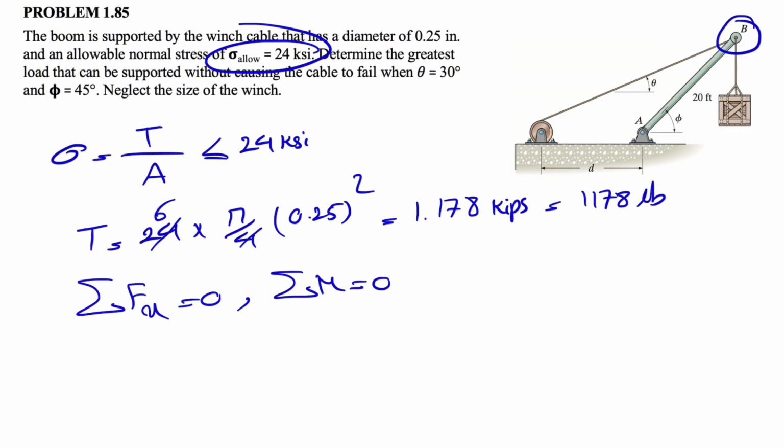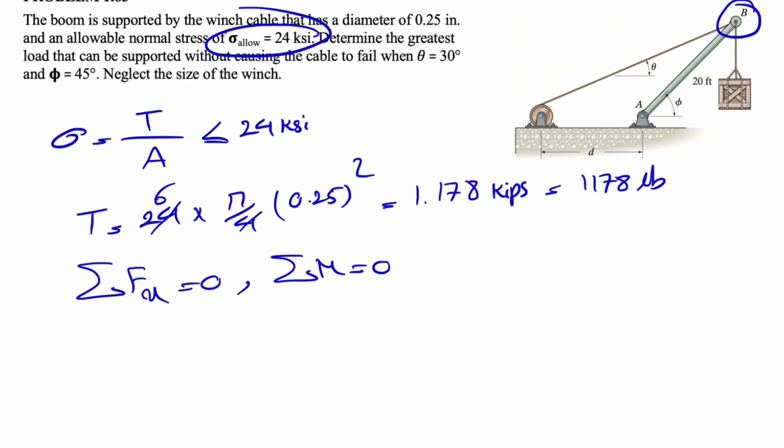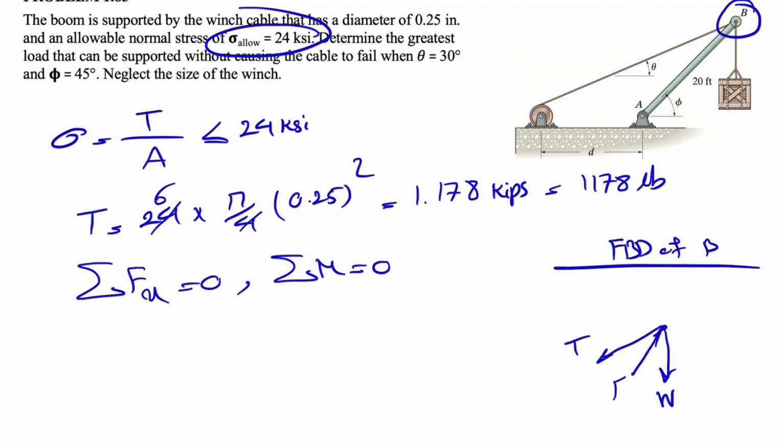So if we draw the free body diagram for joint B in here, what we have, so we have the free body diagram of B. So we have the weight of this box, I can show it with W, and we have the tension in here, and we have the force in member AB, you can call it FAB.